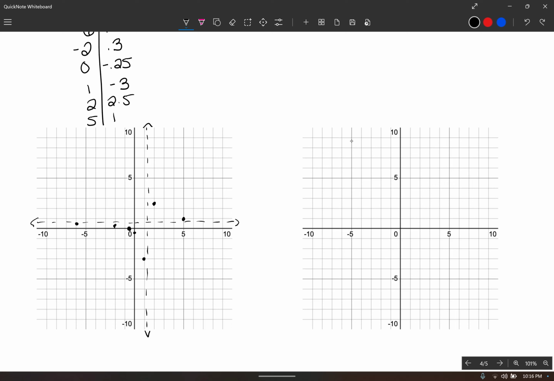All right, and when I graph these, I am just going to start at one of my points, and I'm going to draw in and stop at the other and put arrows on the ends. Remember, you're not going to touch or cross those asymptotes. All right, and then you'll do the same thing here and put arrows on the ends, and then you have your graph.